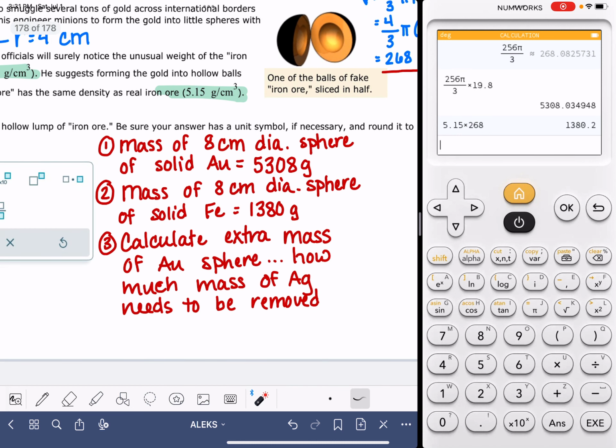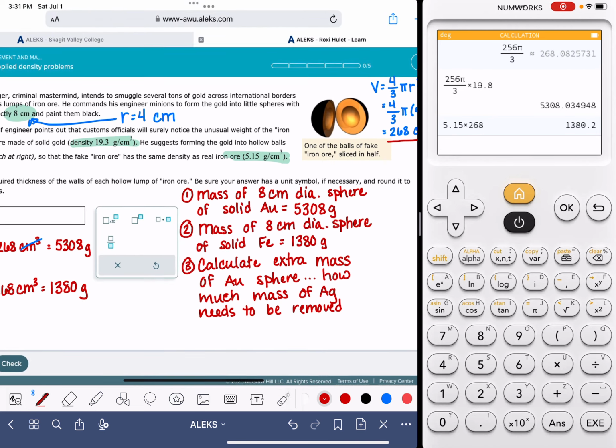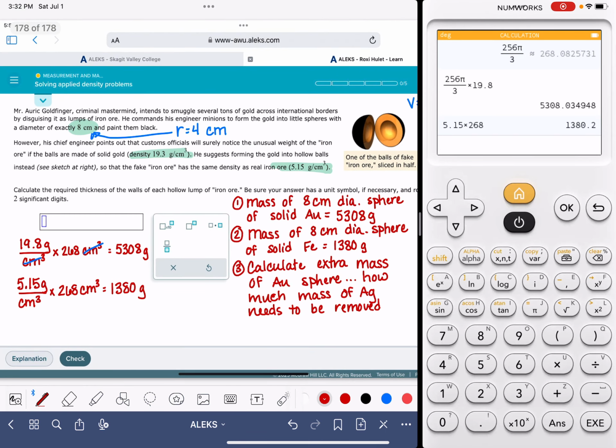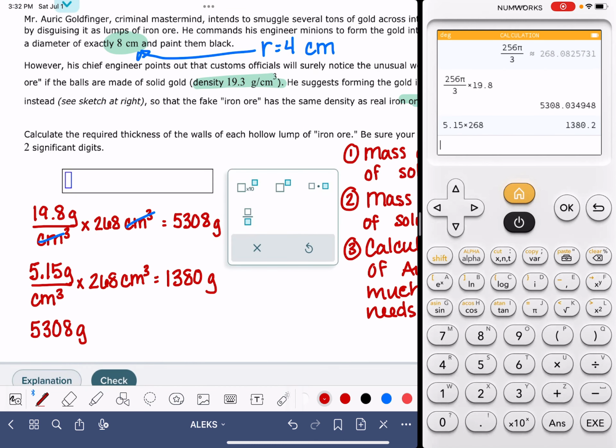So what we're going to do next is calculate that extra mass. How much mass of the gold needs to be removed so that this sphere will weigh the same as a same-sized sphere of iron. That's just going to be the difference between those two masses. So the mass of the hypothetical solid gold sphere, 5,308, subtract the mass if it was iron, 1,380.